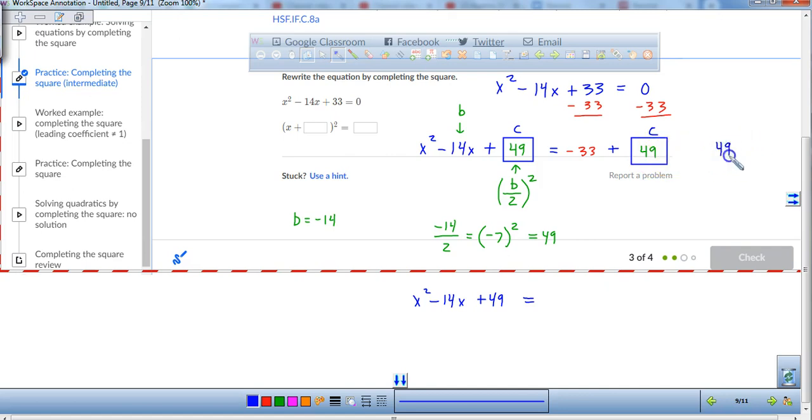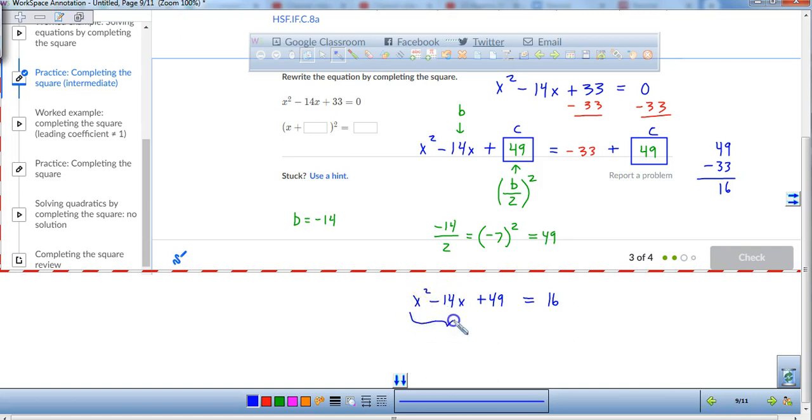If we take 49 and take away 33, that leaves us with 16. So far we have 49 plus negative 33 is 16.